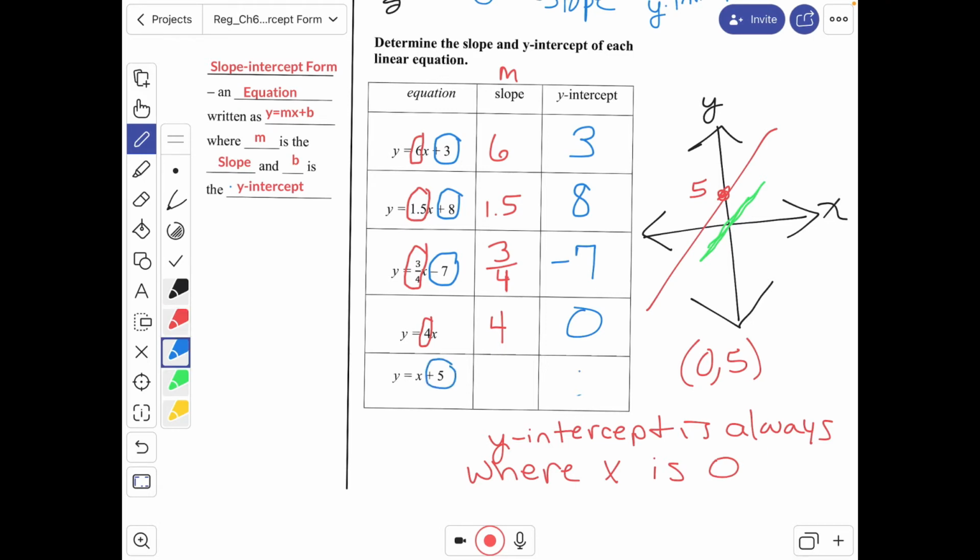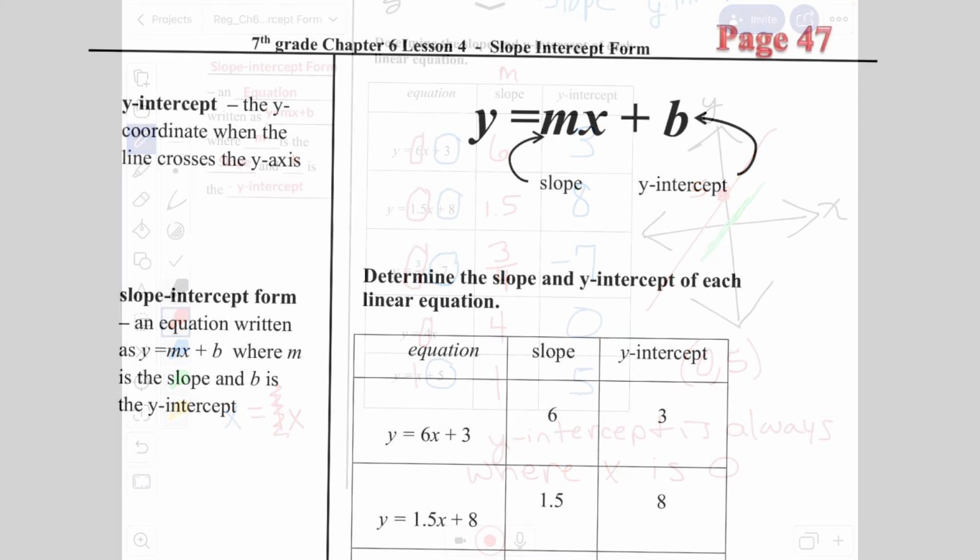Well, I see the number by itself, so the y-intercept has to be 5, but there's nothing in front of x. Well, x is the same as 1x. If I'm multiplying by 1, I don't usually put the 1 in front, but it is assumed. So slope for this one is 1.